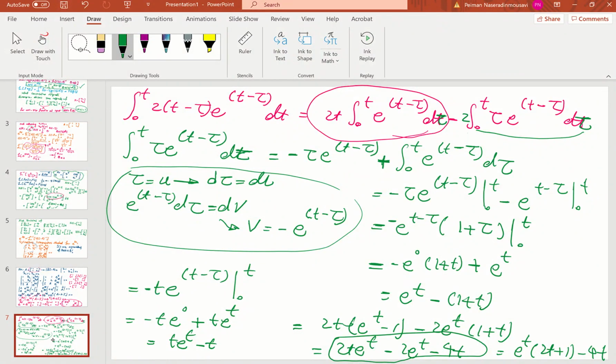So multiplied by 2, it's going to be 2t, 2 comes out, minus 1, minus this multiplied by 2. Oops, I made a mistake here.